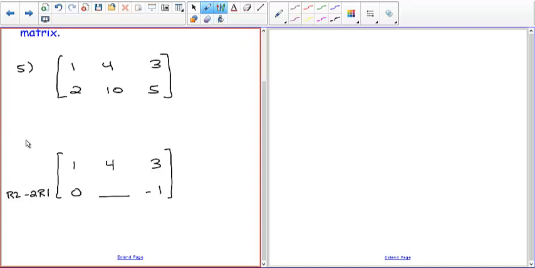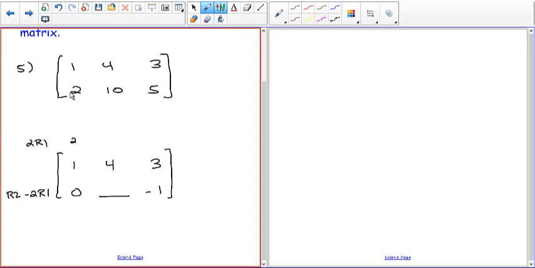So since we want to subtract 2 times row 1, let's take 2 times row 1 here. That means I take row 1 in the previous step and multiply it by 2.